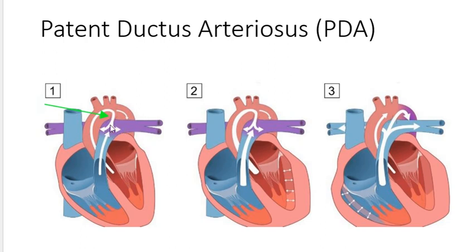The problem is that now you have an increasing blood flow to the pulmonary arteries, and this is causing an increasing flow to the left atrium and left ventricle. You'd think it's left to right, but the pathology ends up first happening in the left ventricle. The left ventricle actually gets hypertrophic because all this excess blood is ending up back in the left atrium and back in the left ventricle.